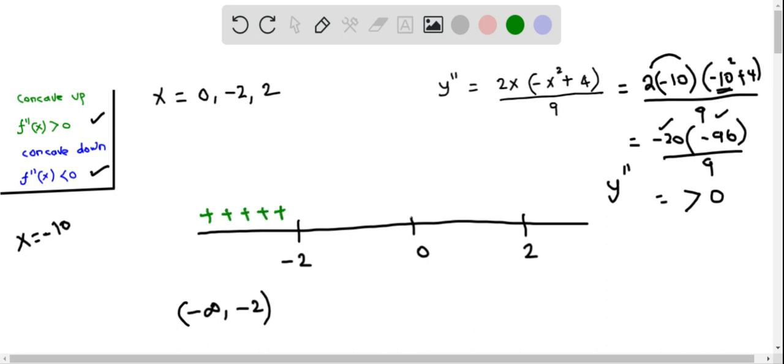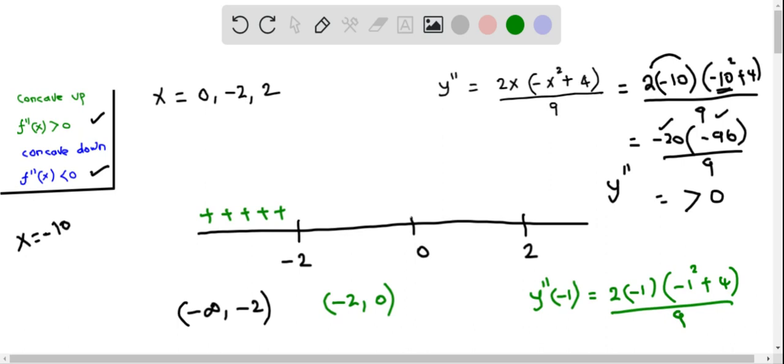Now let's consider any sample point in the interval negative 2 to 0. I'm going to consider negative 1 and plug it into the second derivative. So we will get y double prime of negative 1, and this equals 2 times negative 1 times negative of 1 squared plus 4, and this is over 9.